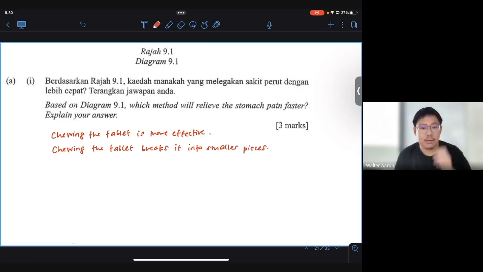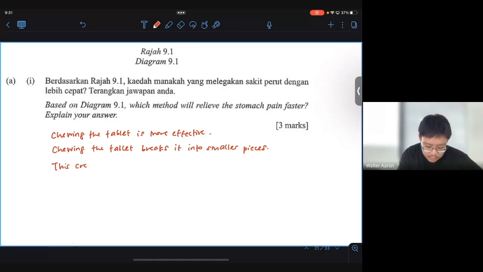Then you say that this creates a larger surface area for the antacid to react with the stomach acid.